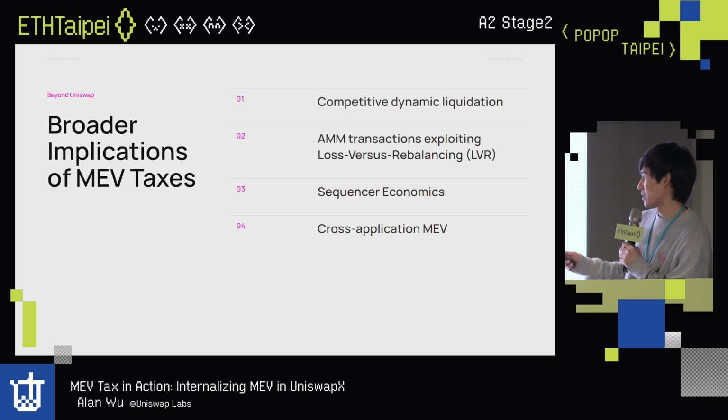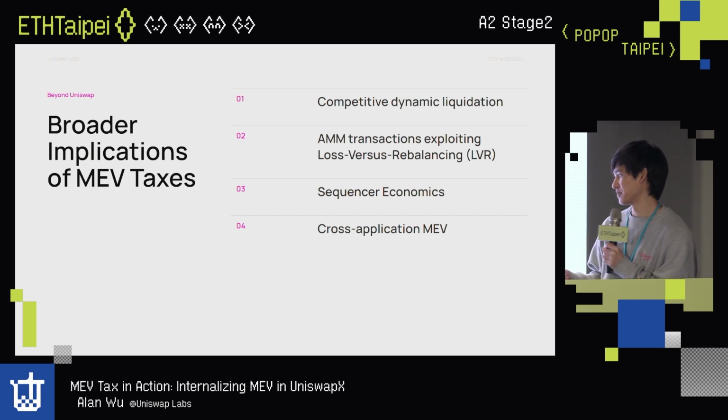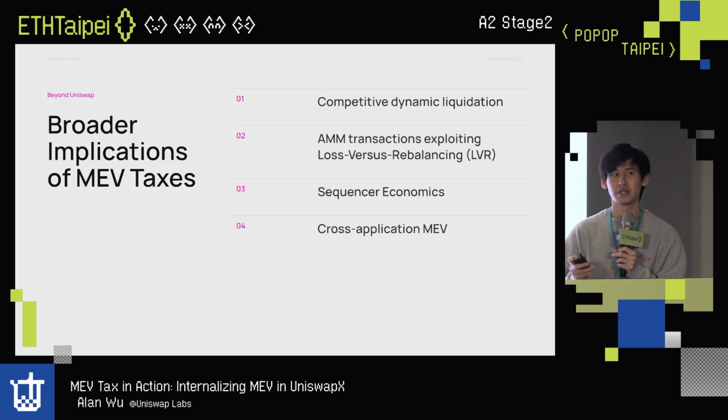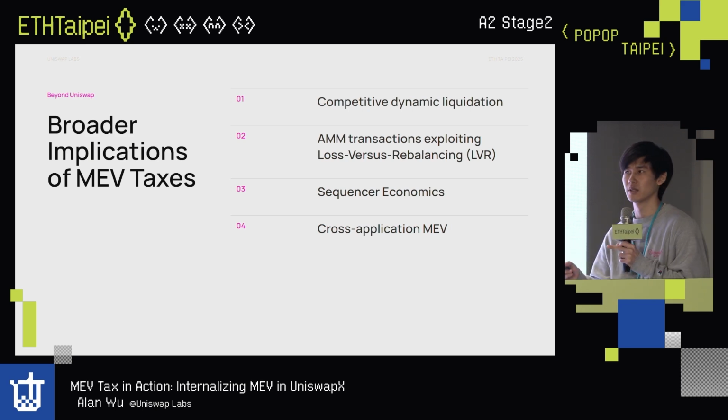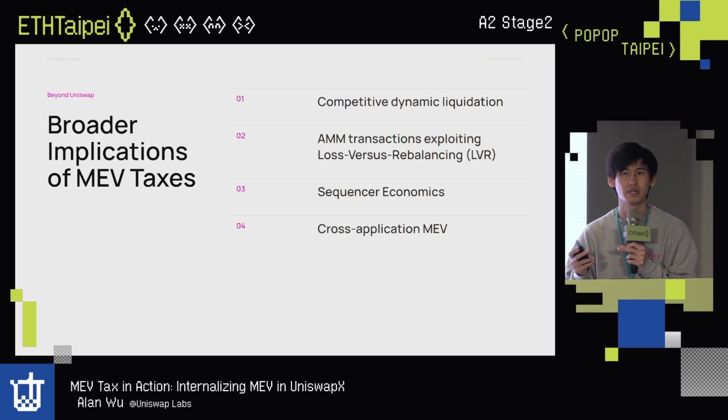And lastly, perhaps the more ambitious one, is having cross-application MEV taxes. A lot of the most lucrative MEV opportunities are the ones that span multiple protocols. Back in the day, arbitraging between Uniswap and Curve would be a lot of MEV.